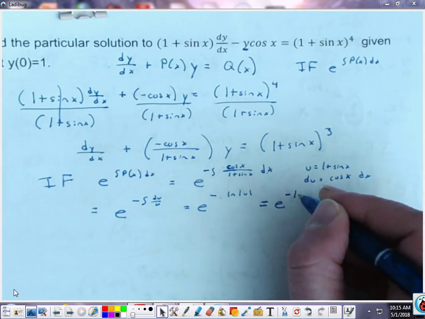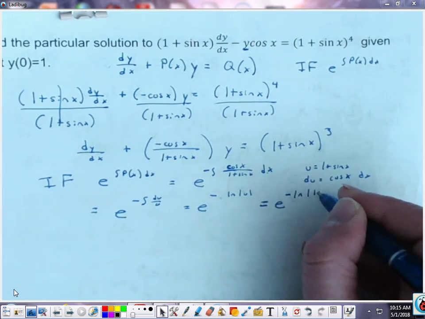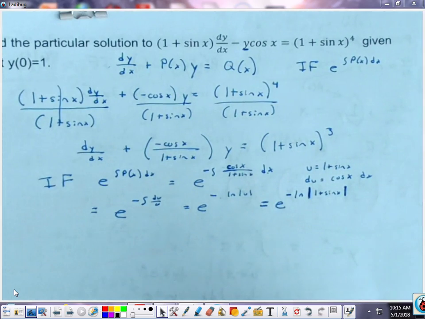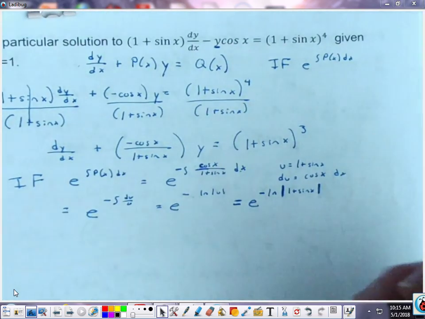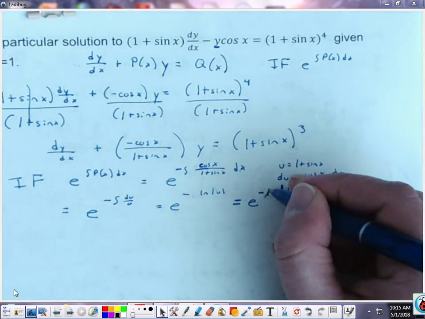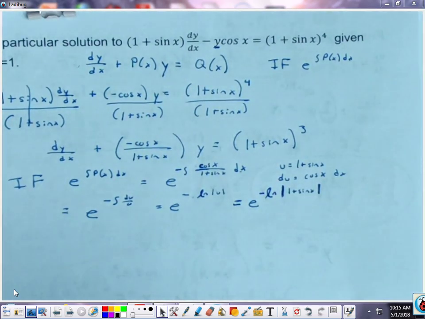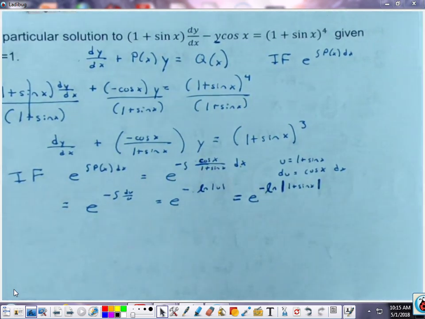So e to the negative ln absolute value of 1 plus sine x. Ln and absolute value don't go well together. That's why you make your ln a loop. Alright, that does look a little better.